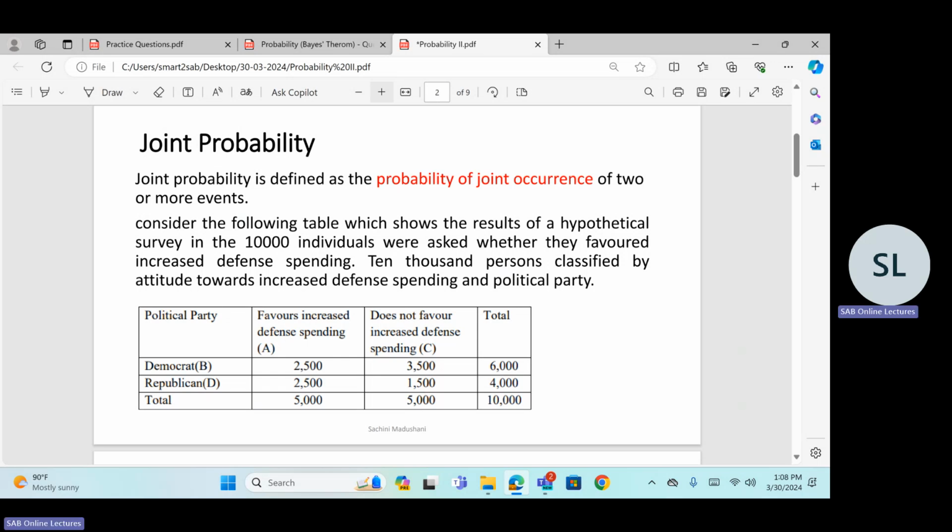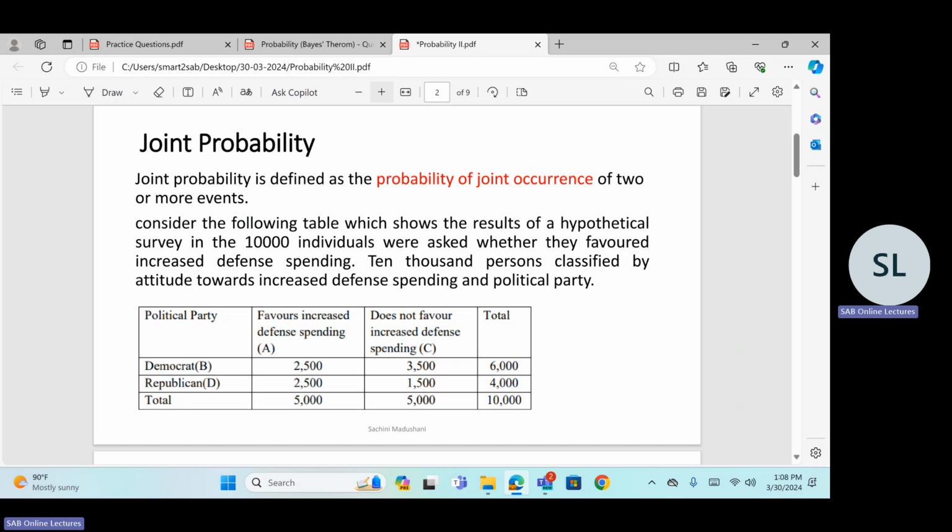Okay, in joint probability we need to get the probability that the person favors increased defense spending and that person is a Democrat. Then we are talking about the probability value for two events.